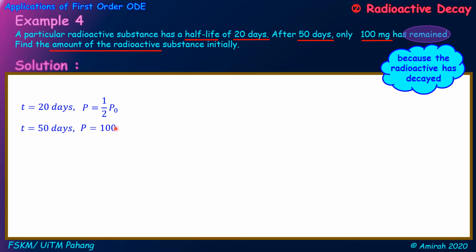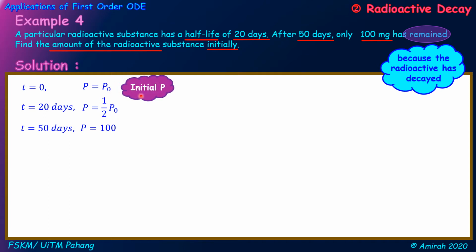And then find the amount of the radioactive substance means we need to find P, and the word initially, we can denote as P naught. From the word initially, we can write T equals to 0. We arrange T based on ascending values of time, and then we extract T and P from the given question.